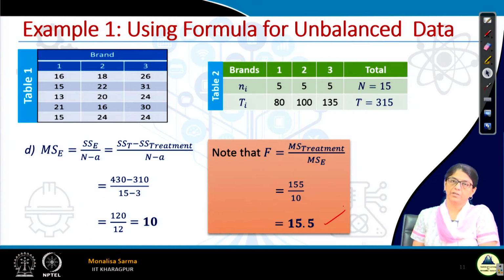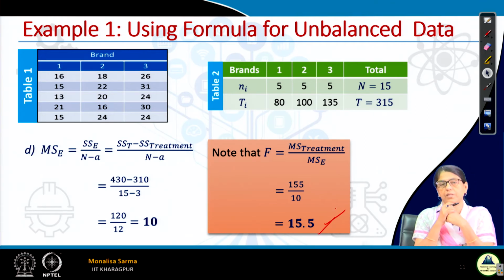If you remember, this is the same value we got in our last class when we solved this same problem, 15.5. Now, at the 1% significance level, we will see that this value falls in the rejection region. So we got the same result. That means the formula for unbalanced data we can very well use for balanced data as well, but the formula for balanced data we cannot use for unbalanced data.